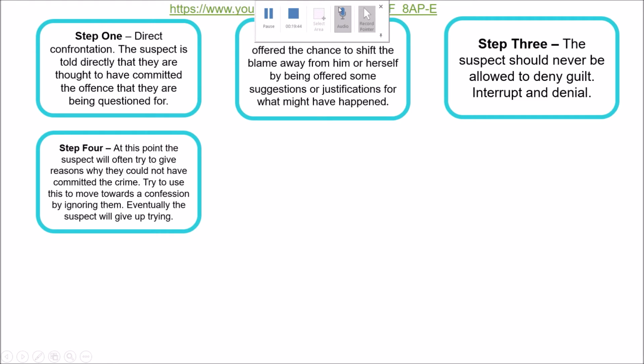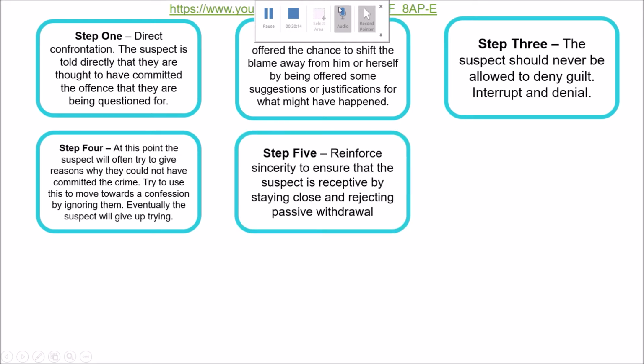So all these interruptions that they've made, we may give reasons why they could have committed the crime. So maybe you did it for this reason, maybe you did it for that reason. And we're trying to use this to get them to move forward to making a confession and saying, yes, okay, that's the reason why I did it. So in the hope that eventually this suspect is going to give up trying to interrupt and deny the guilt, but will then accept those facts, things we're presenting as facts.